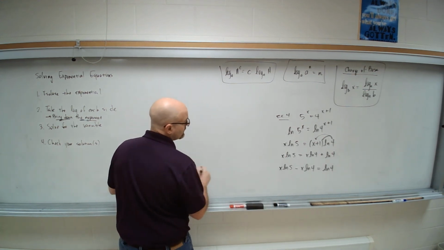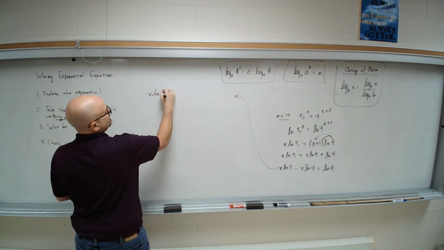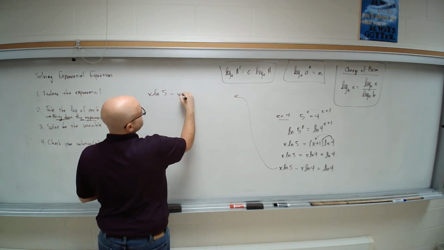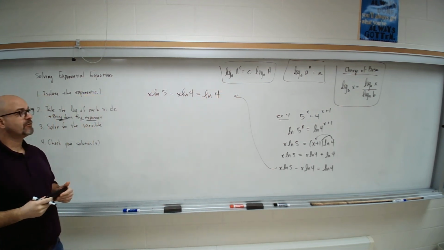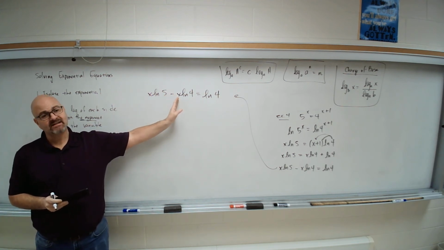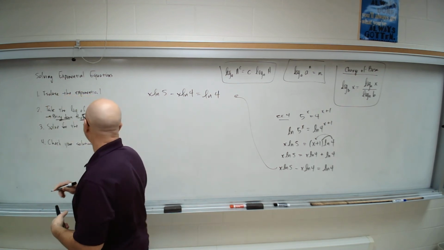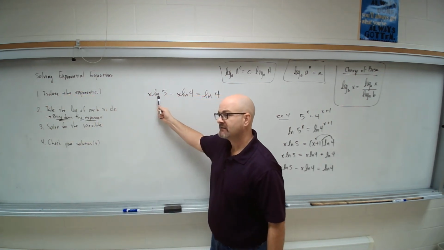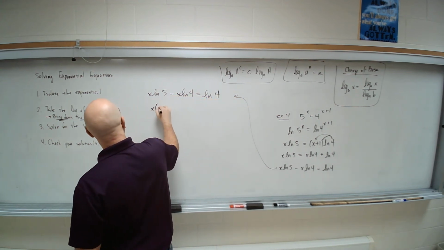So then from here, again, we have x natural log 5 minus x natural log 4 equals natural log 4. At this point, once we have all the terms with x's on one side and the terms without x's on the other, we just want to factor an x out of this pair. If they both have a common factor of x, let's go ahead and pull that out.